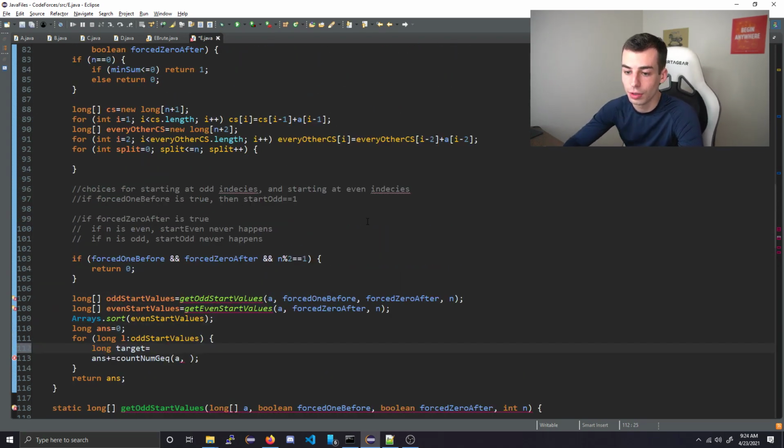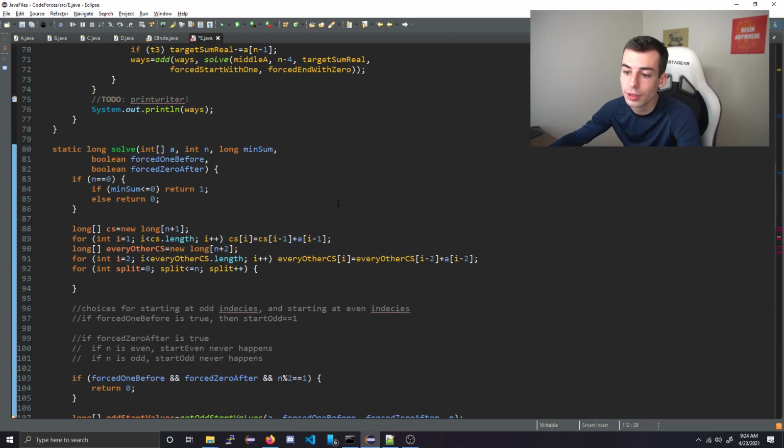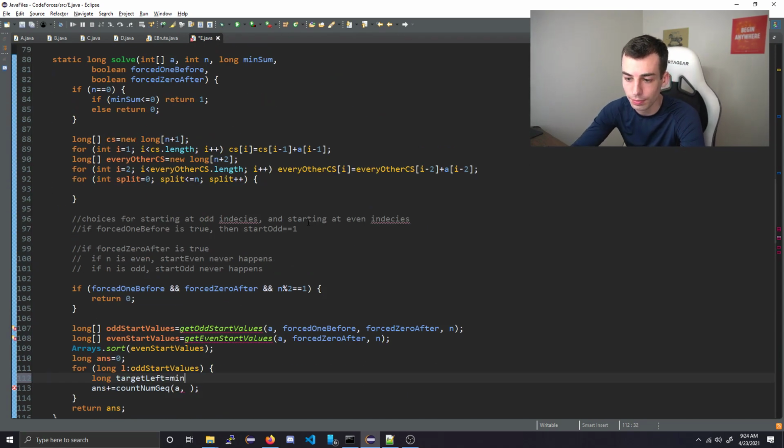So the target left will be min sum minus L.